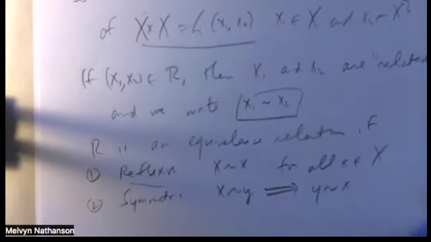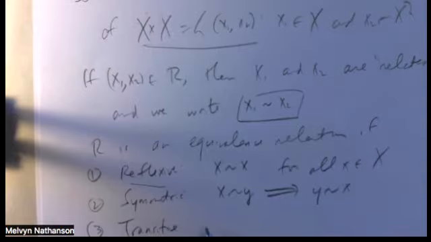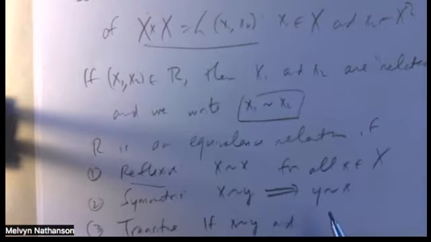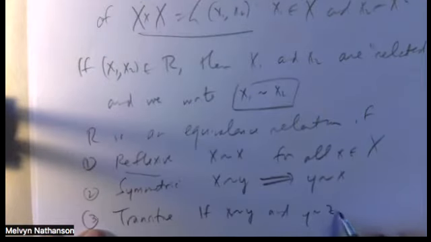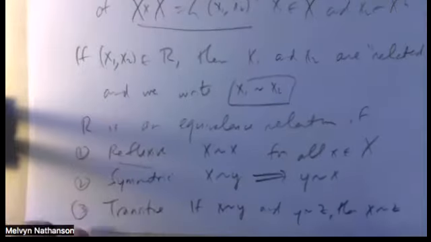It's like if x equals y, then y equals x. And the third is it's transitive, which means if x is related to y and y is related to z, then x is related to z. In terms of equality, this is just saying if x equals y and y equals z, then x equals z. So that is sort of what you're familiar with.